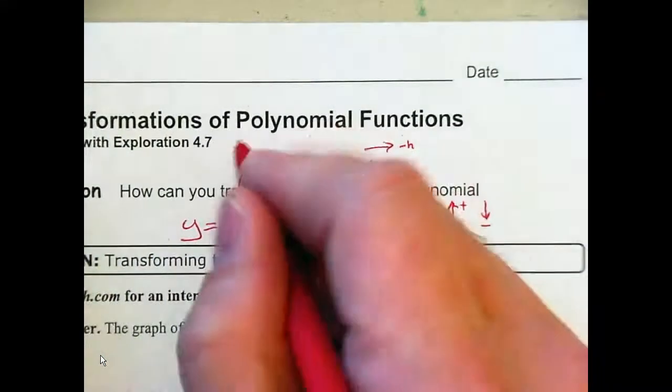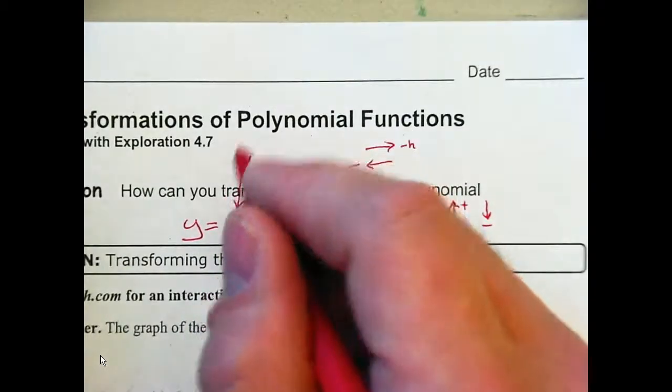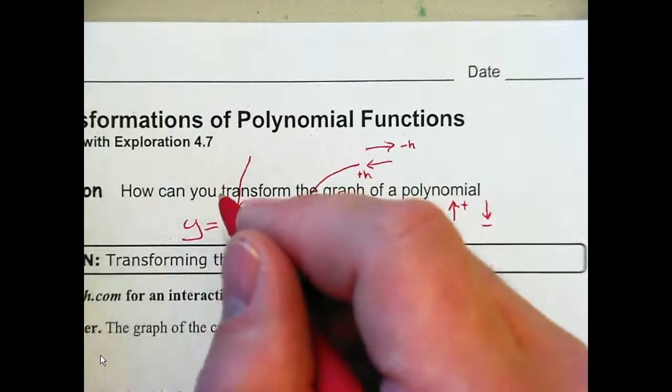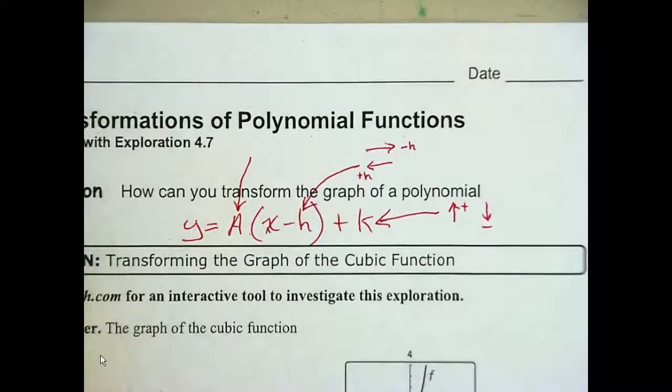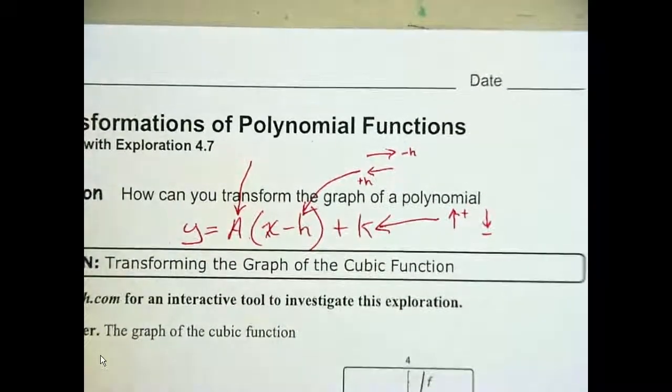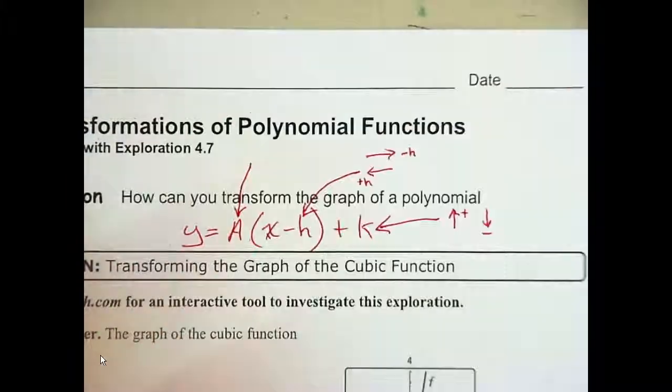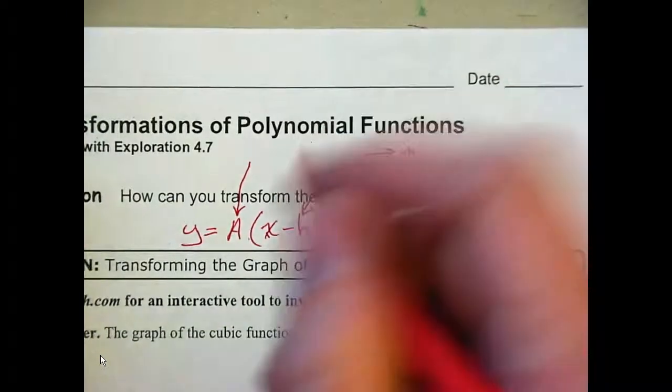So it deals with a shrink vertically, or a compression, or as this book likes to call it, a stretch or shrink vertically. A lot of books will call it a vertical compression, which means you're pushing it down towards the x-axis.